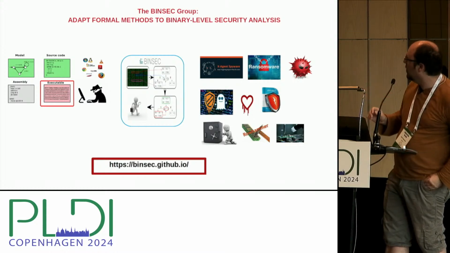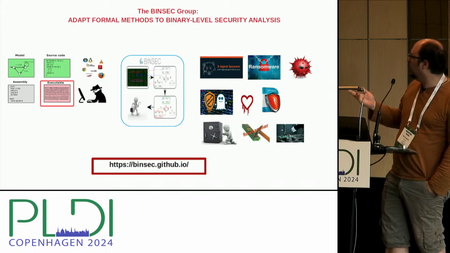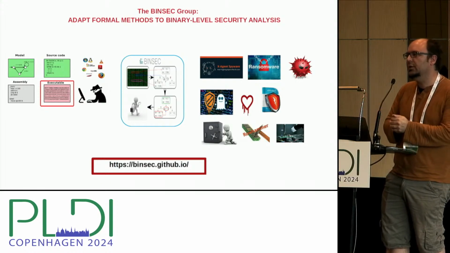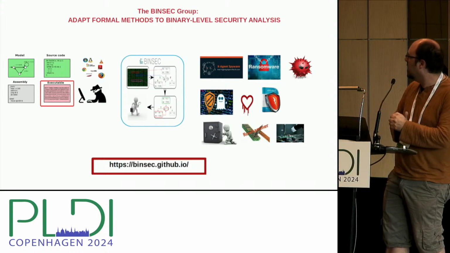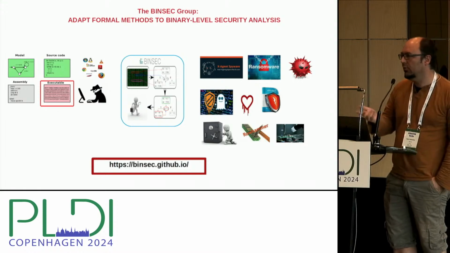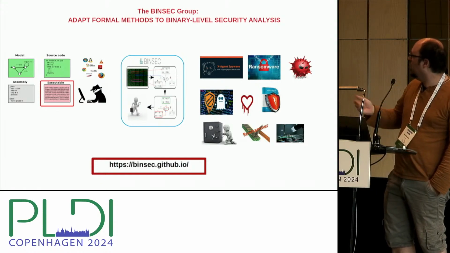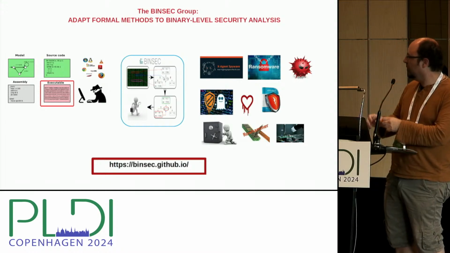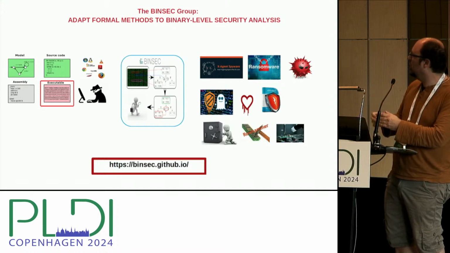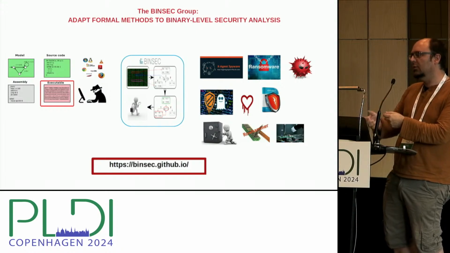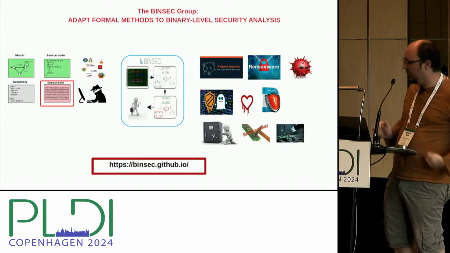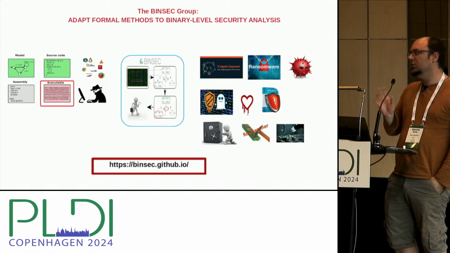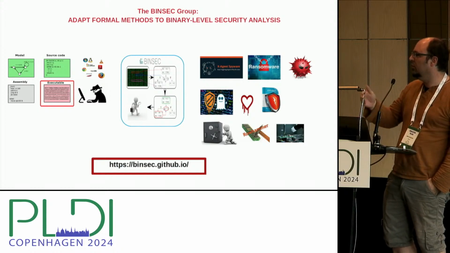What happens when you want to do some verification but the adversary is able to observe side channels or microarchitectural attacks? What happens when he can inject faults like laser, Rowhammer, these kind of things? So basically any low-level security problem, we try to see how we can see it from the programming language and formal method perspective. How do we change the theory and how do we change the algorithm and the tooling?